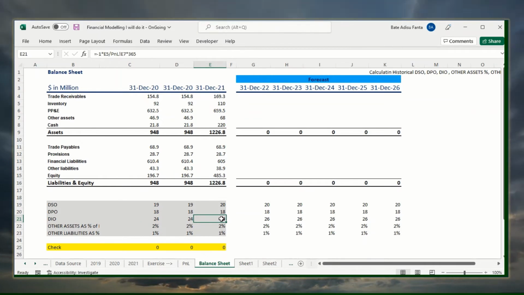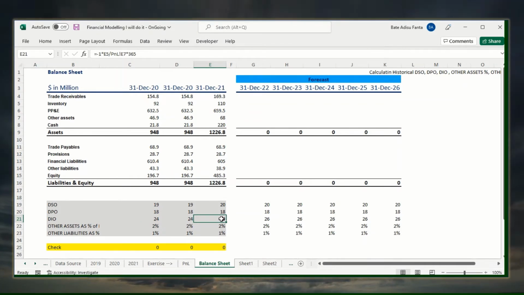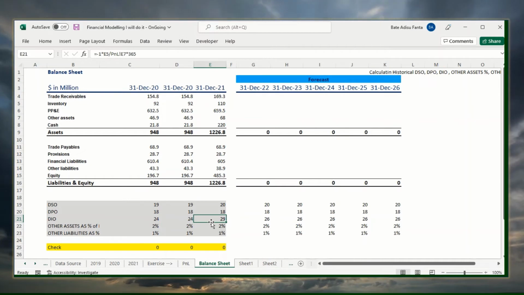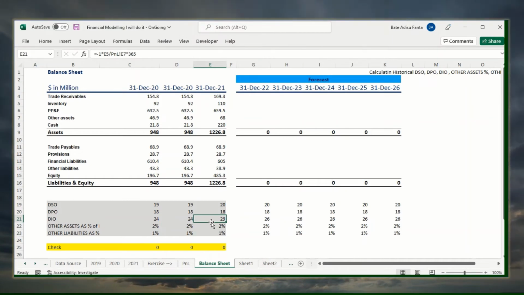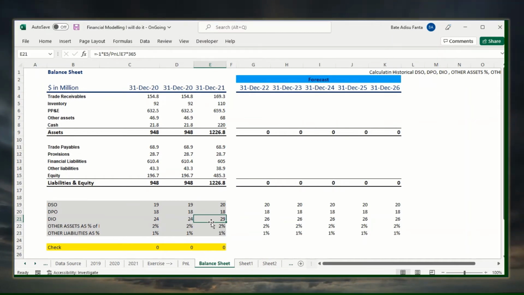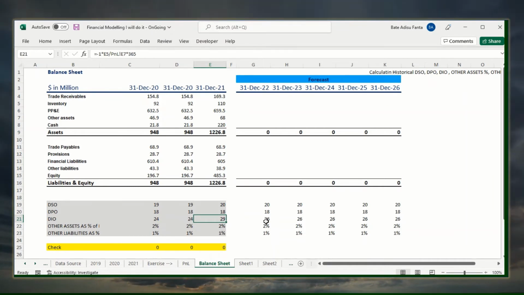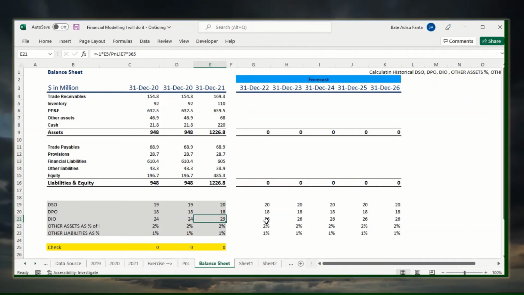Inventory is not going out as expected and as it was in 2020. So it's taking longer days in stores to turn it into sales. So the average number of days that the inventory takes to be converted to sales is 26 days.